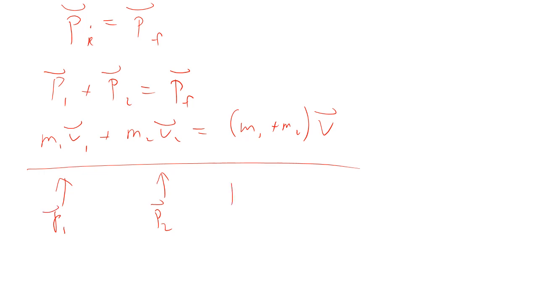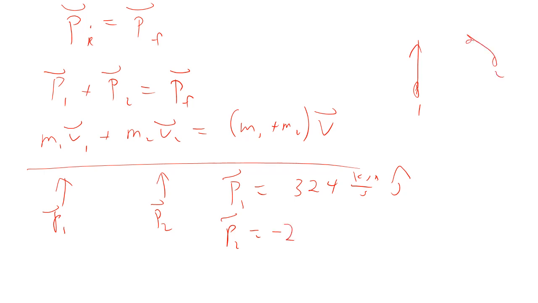Well, that's actually pretty easy to do. So P1, we just multiply what we had before, and that's going to be 324 kilogram meter per second j. P2, because we said this is 1 and this is 2, is going to be minus 239 kilogram meter per second i plus 285 kilogram meter per second j.